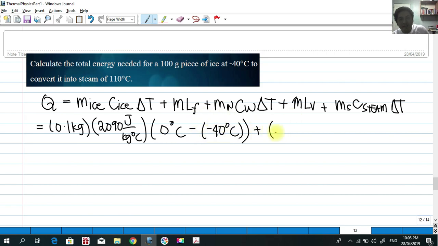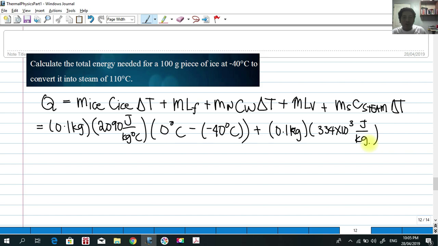Plus, we have the mass times the latent heat of fusion. That is still 0.1 kilograms. The latent heat of fusion for water is 334 times 10 raised to 3 joules per kilogram.